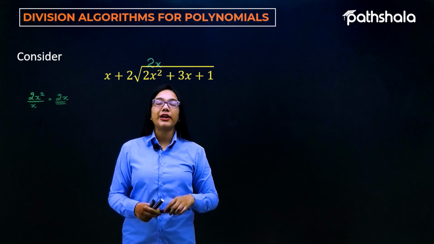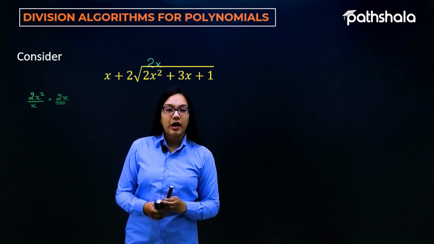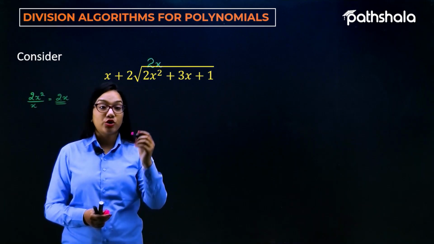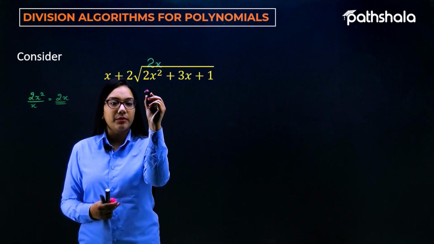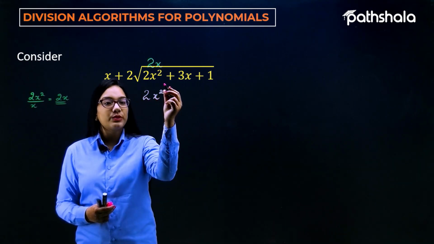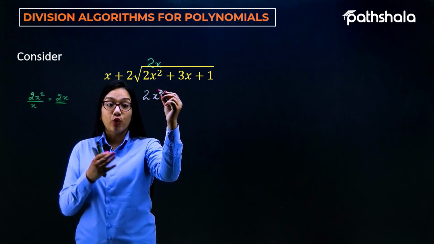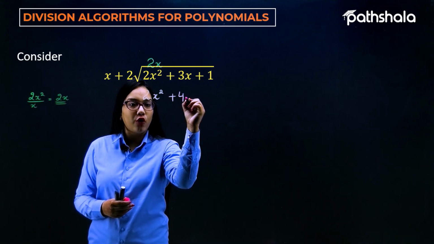Now we have to multiply 2x with the whole divisor. So we multiply 2x with x plus 2. We get 2x into x, which is 2x square, and 2x into 2, which is 4x, so we write plus 4x.